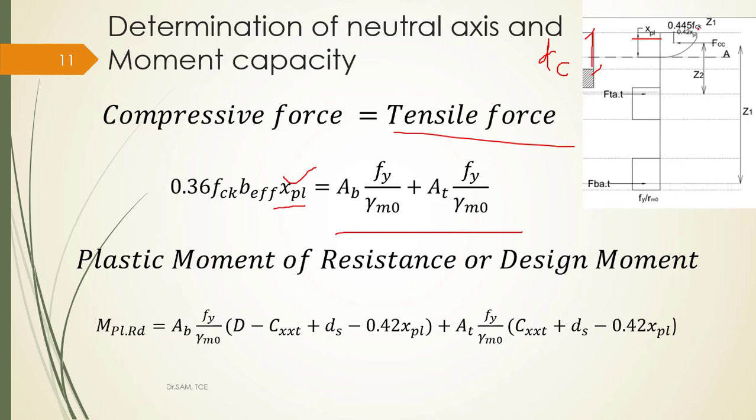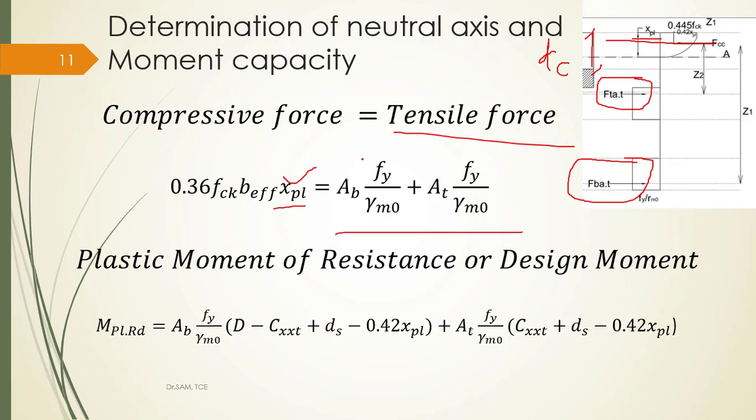So in the moment capacity, we have three forces. So you have to take the algebraic sum of the forces equal to 0, or otherwise you take moment about this particular point. That means you are allowing steel to yield first. This is the axial force in the bottom chord. This is the axial force in the top chord.